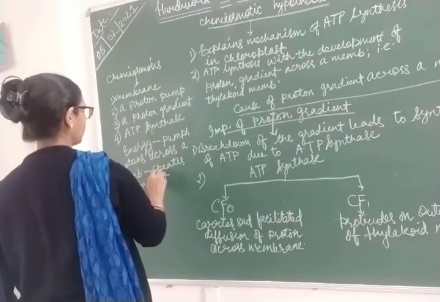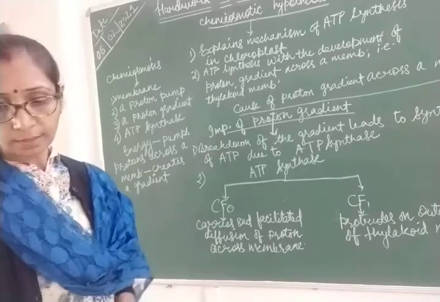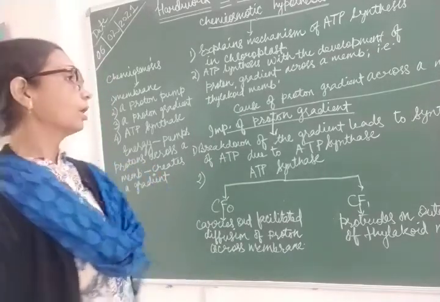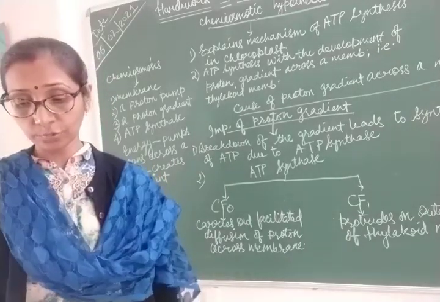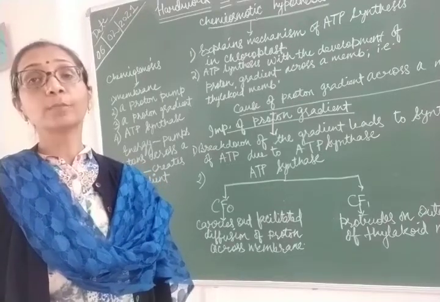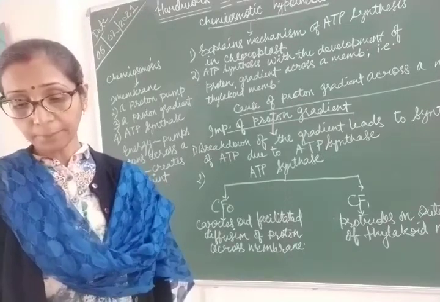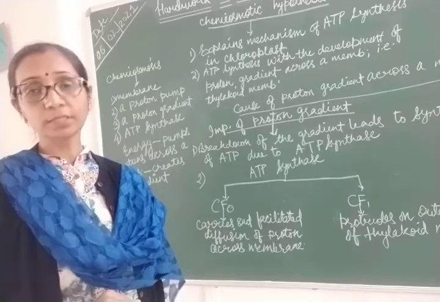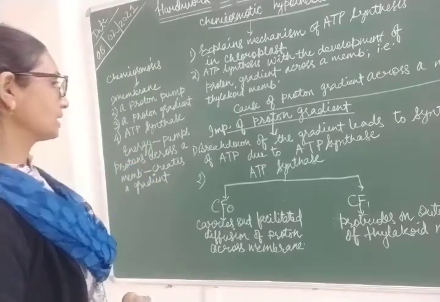This pumping of protons across the membrane creates a gradient. Now, along with the energy produced by the movement of electrons, ATP is used in the biosynthetic reaction that is taking place.